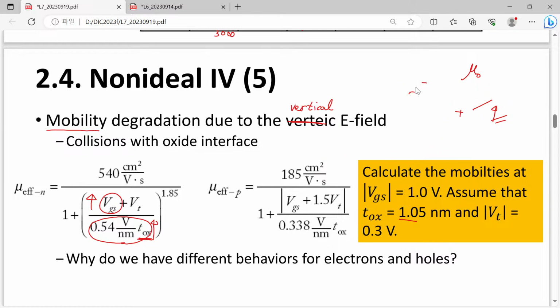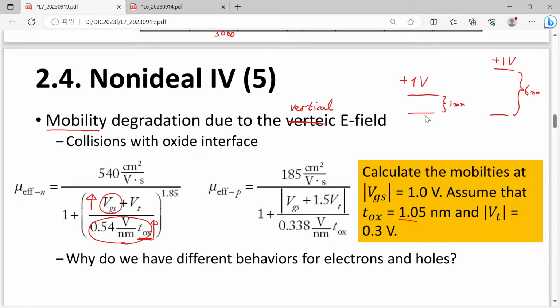Let's just think about this one. That is a good question. Now think about this one. Let's say that there is only 1 nanometer thick oxide, and let's just think about there is 6 nanometer thick oxide, and you apply 1 additional volt.